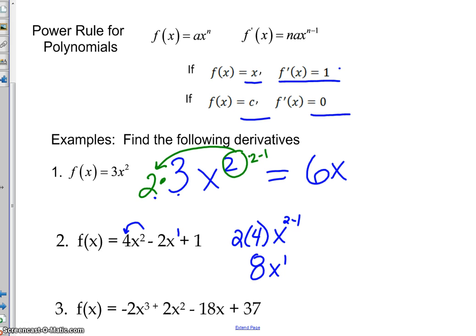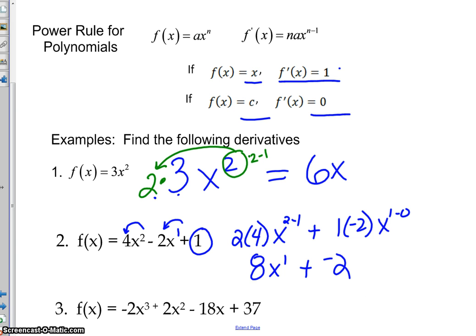Here, like in the last one, there's a 1 exponent there. So the next one is 1 times negative 2, and then we have this for our new exponent. So our answer here is negative 2, and it's almost like x to the 0. Well, x to the 0 is really just 1, and so we just write it there as negative 2.